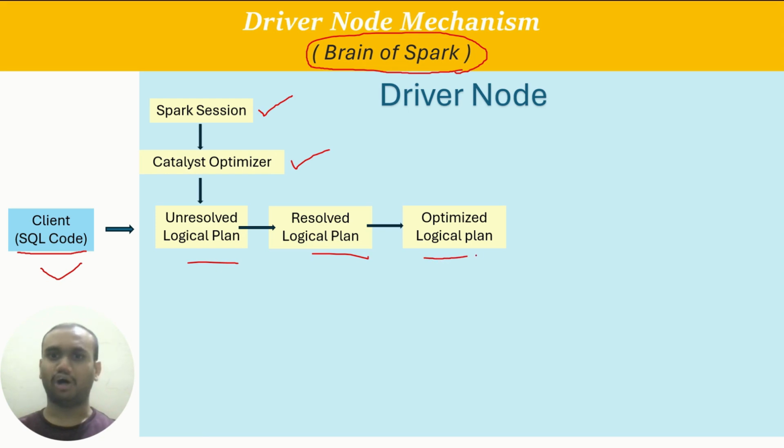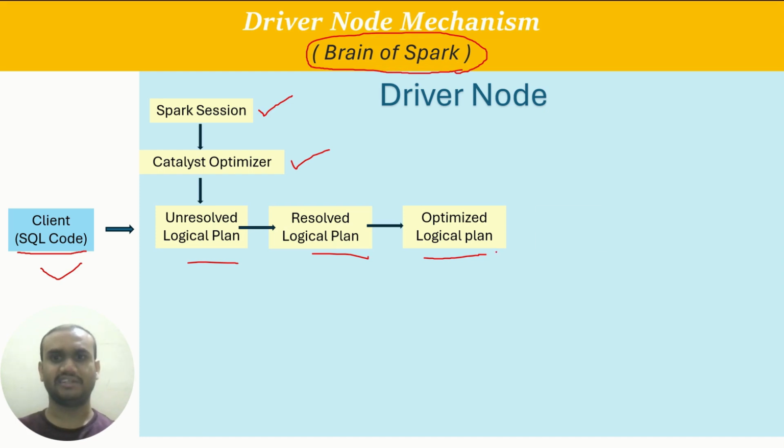So it creates one optimized logical plan using its internal optimization techniques. Whatever we give is fine, but other than that, there are certain optimization techniques available inside Spark as well. It uses those techniques and creates its own optimized plan.